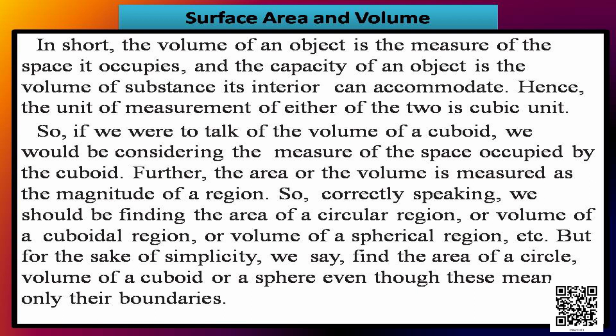So, correctly speaking, we should be finding the area of a circular region, volume of a cuboidal region, or volume of a spherical region, etc. But for the sake of simplicity, we say find the area of a circle, volume of a cuboid or a sphere, even though these mean only their boundaries.